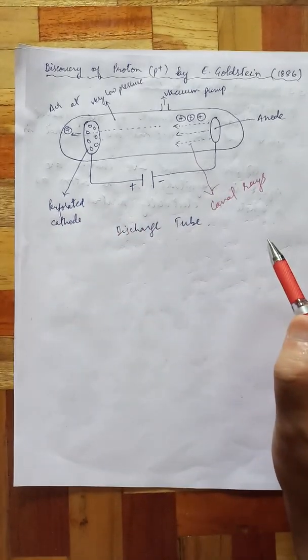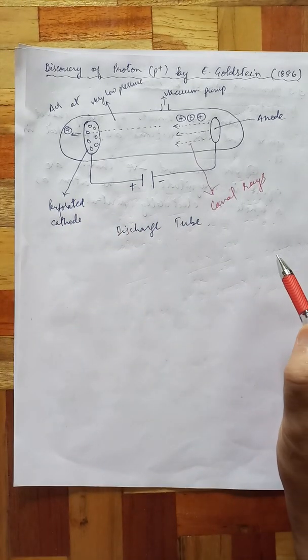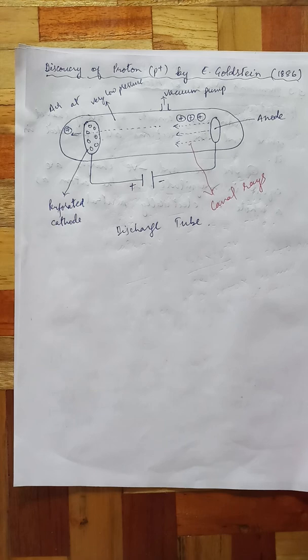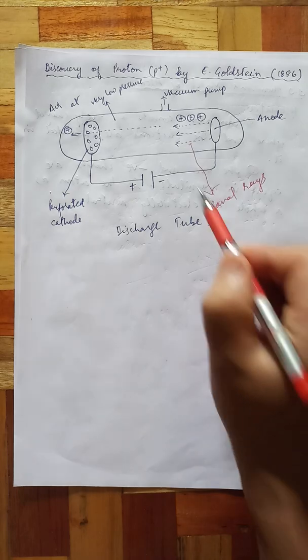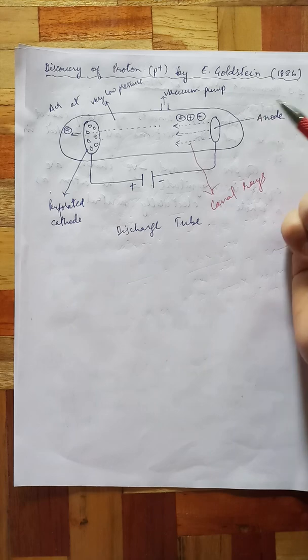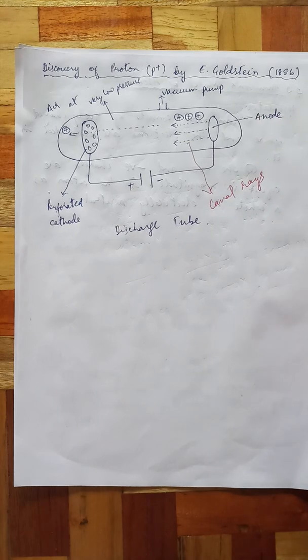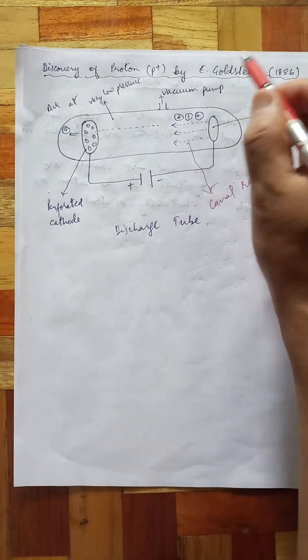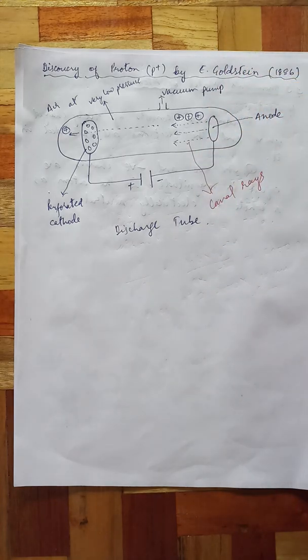In his experiment, he found that these rays are made up of another subatomic particle, and later this particle was labeled as proton by Rutherford, not by Goldstein.